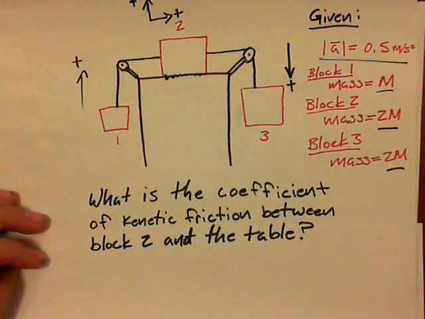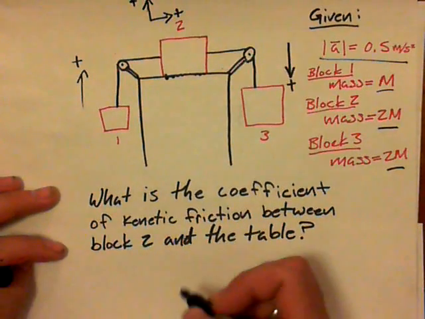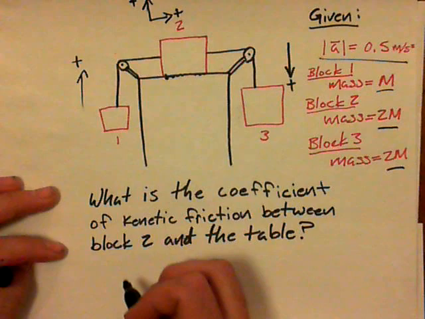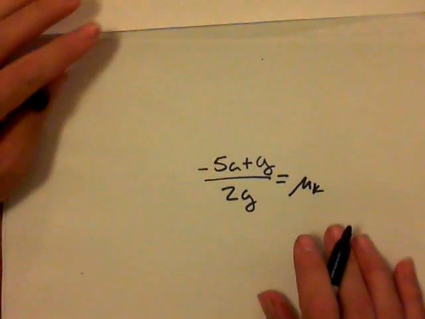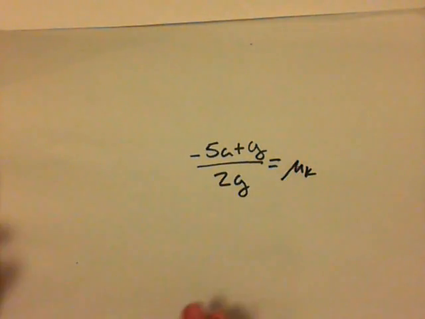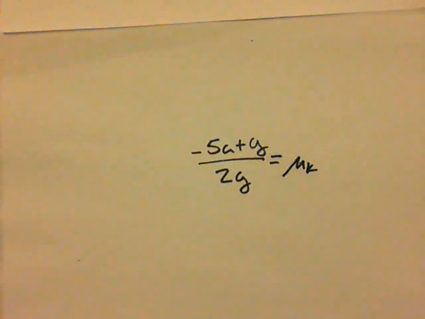And what else do we have? Oh yeah, we have gravity, which we're going to call 9.8 for our reasons. So I'll just throw that in. So we have our little equation here, and we have our magnitude of acceleration.